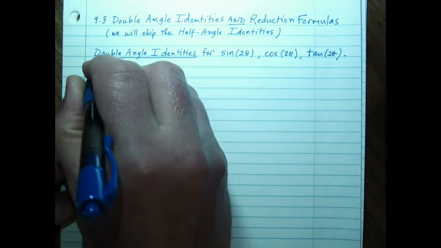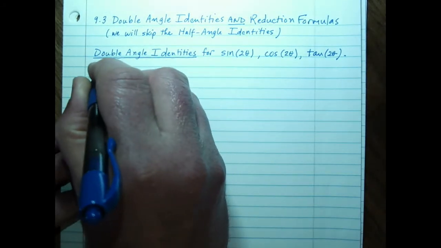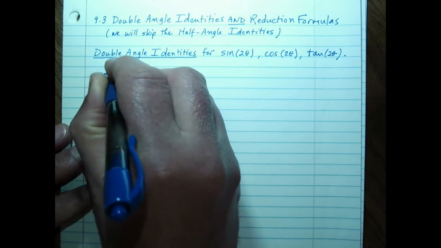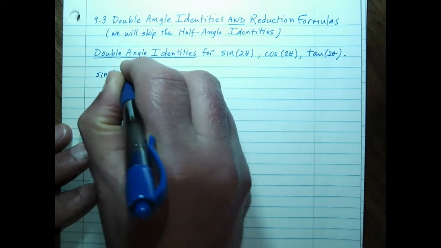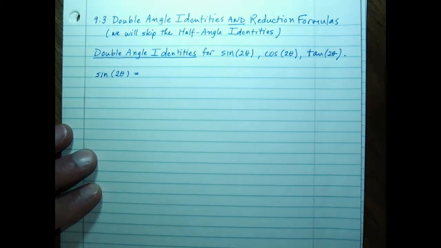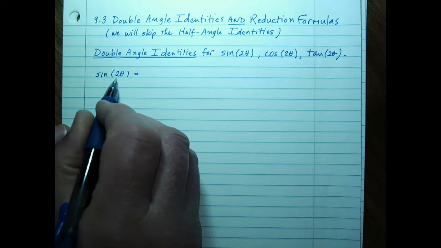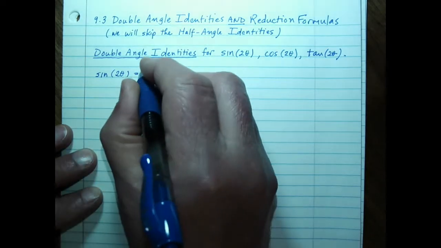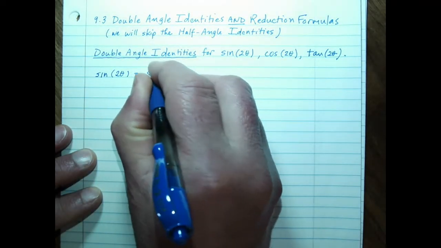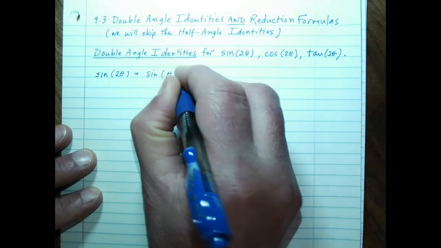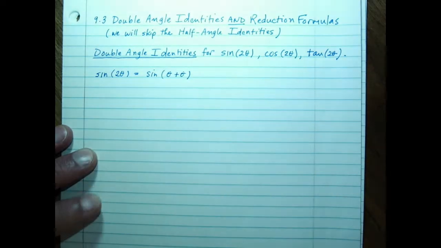It's actually not too hard to derive these from scratch. So first, let's think about sine of 2 theta. We're going to derive a double angle identity for sine. And the way we derive this is we're going to think of 2 theta as theta plus theta. Theta plus theta is 2 theta.